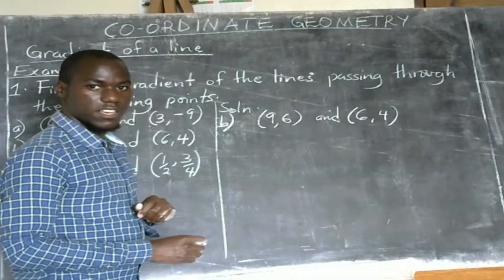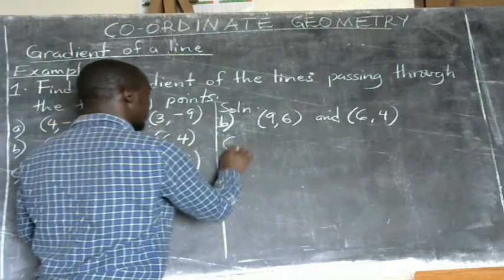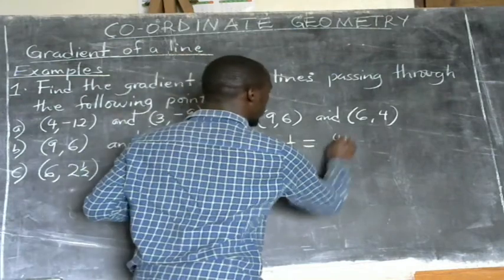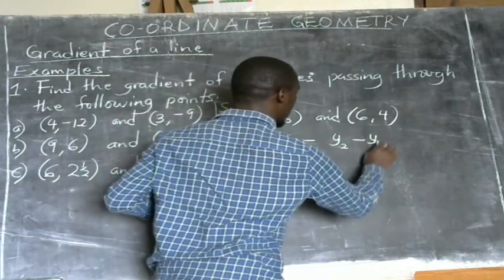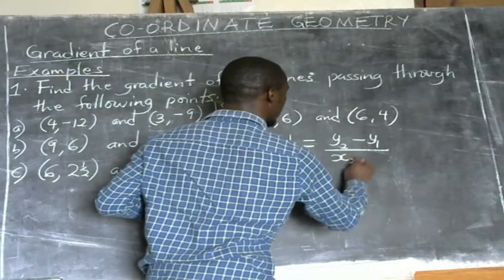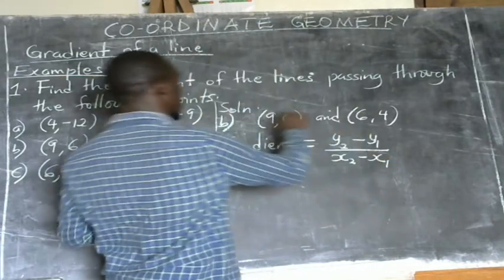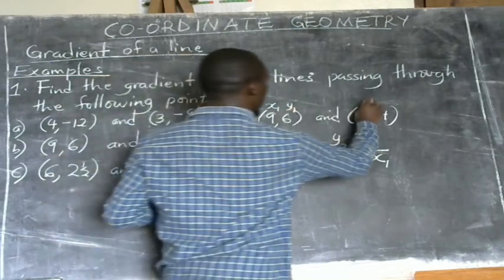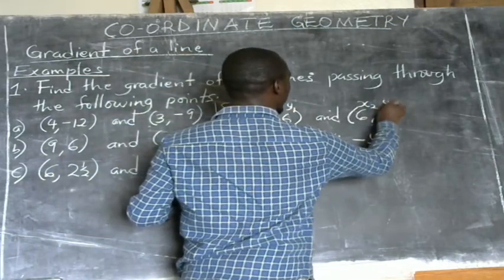For part B, to get my gradient, this is going to be equal to y2 minus y1 all over x2 minus x1. I nickname x1, y1, x2, y2.